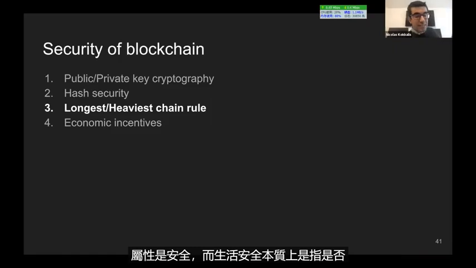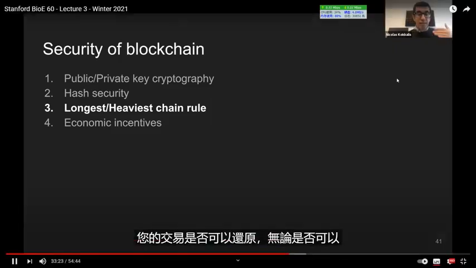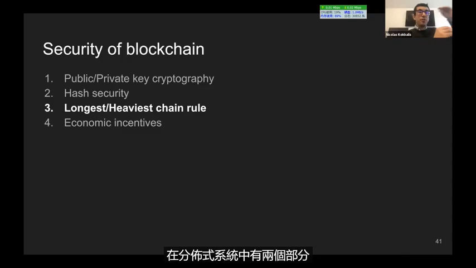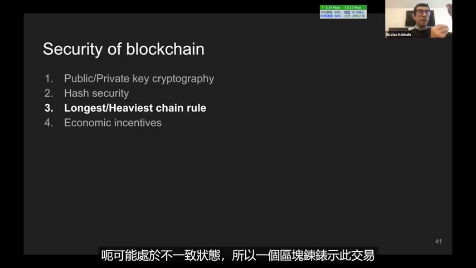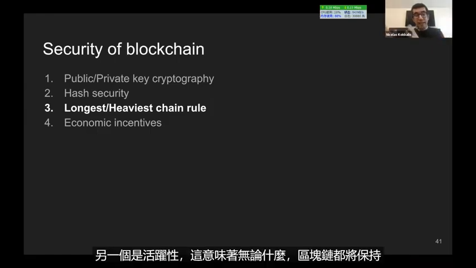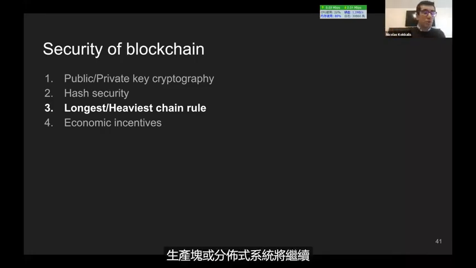Safety essentially means whether your transactions can be reverted or not, whether you can have forks, where 2 parts of the distributed system may be in an inconsistent state. So one blockchain says this transaction happened and one says it didn't happen. That's safety. The other one is liveness, which means that the blockchain, no matter what, will keep producing blocks, or the distributed system will keep making steps in the future.